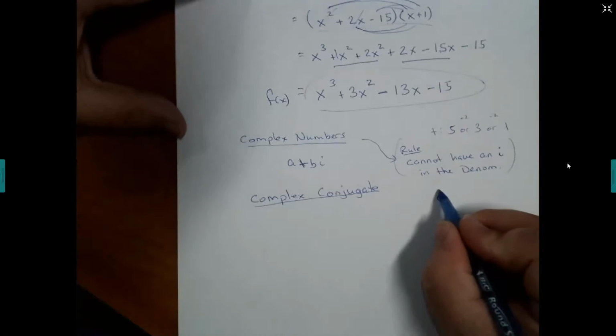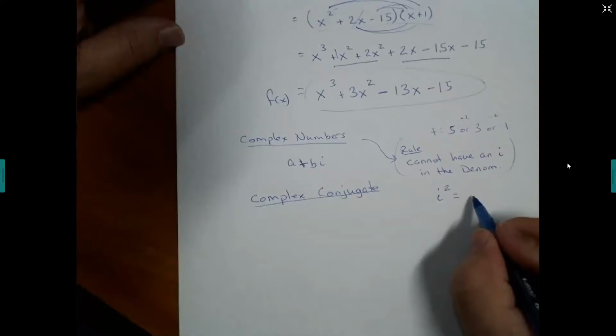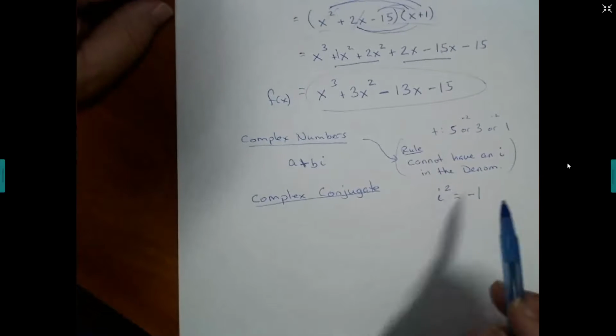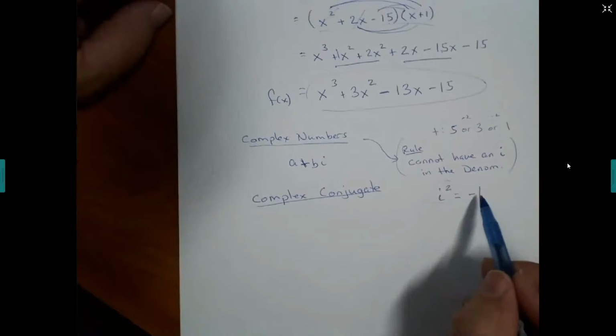Review real quick. What does i squared equal? -1. You guys are getting close. Yes. Because whenever you see an i squared, just replace the i squared with a -1.